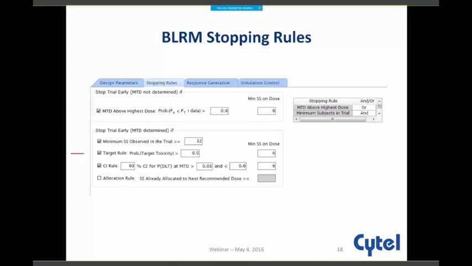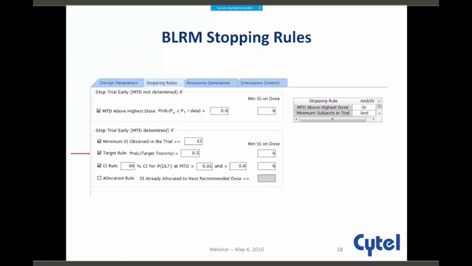So this is a rule that says that if the probability of reaching the target toxicity interval is more than 50%, then that will be a reason for you to stop the trial. You can actually have that with any number of subjects, or you can impose a minimum on the number of subjects that need to be observed so that this rule takes effect.